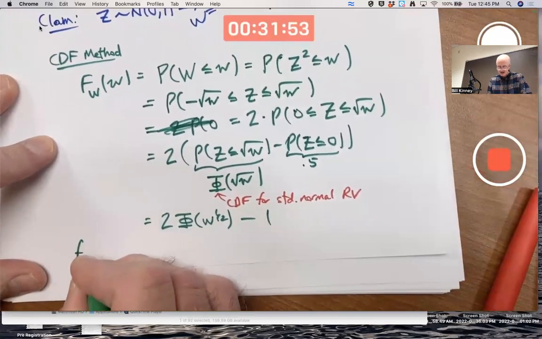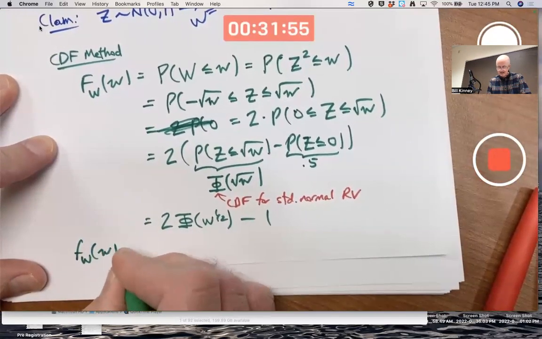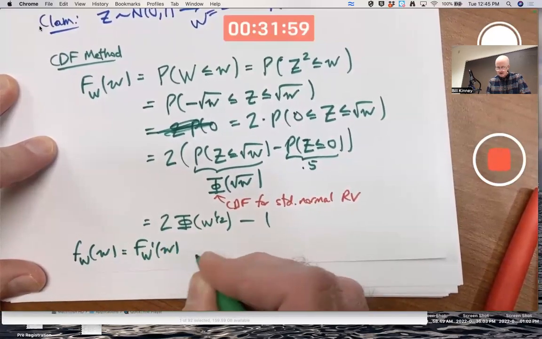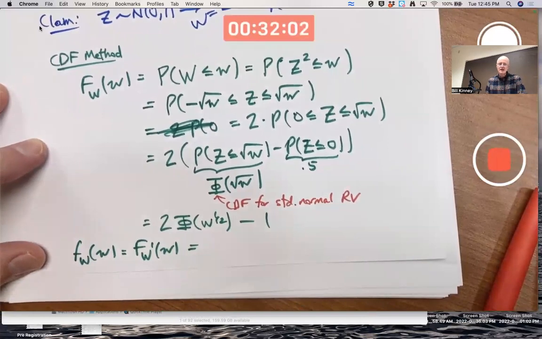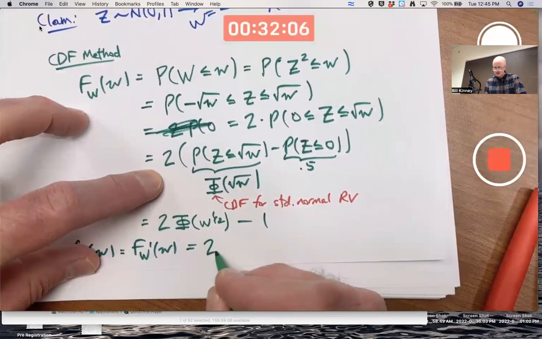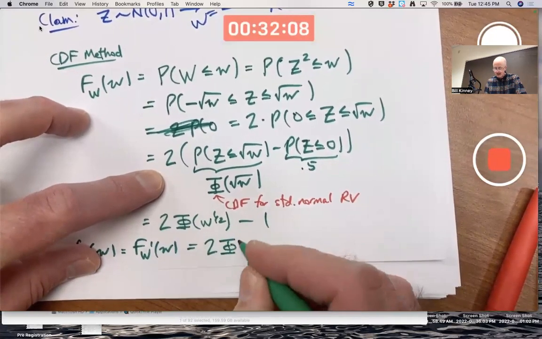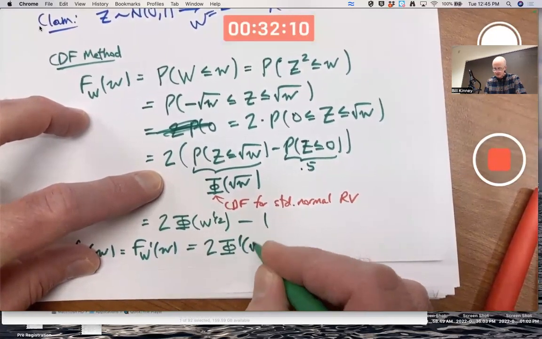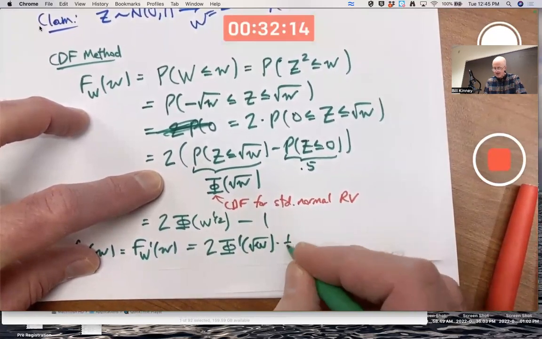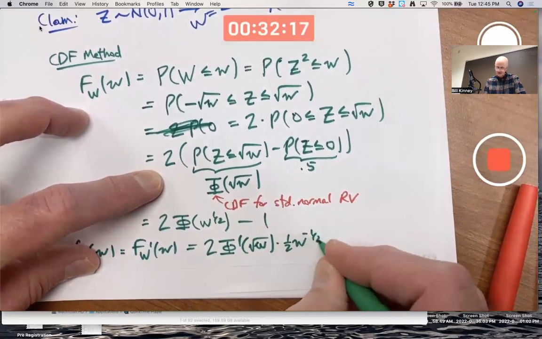Little f sub capital W of little w is the derivative of capital F sub W of little w, which by the chain rule is going to be 2 times the derivative of capital phi applied to square root of w, times, by the chain rule, 1/2 w to the negative 1/2.